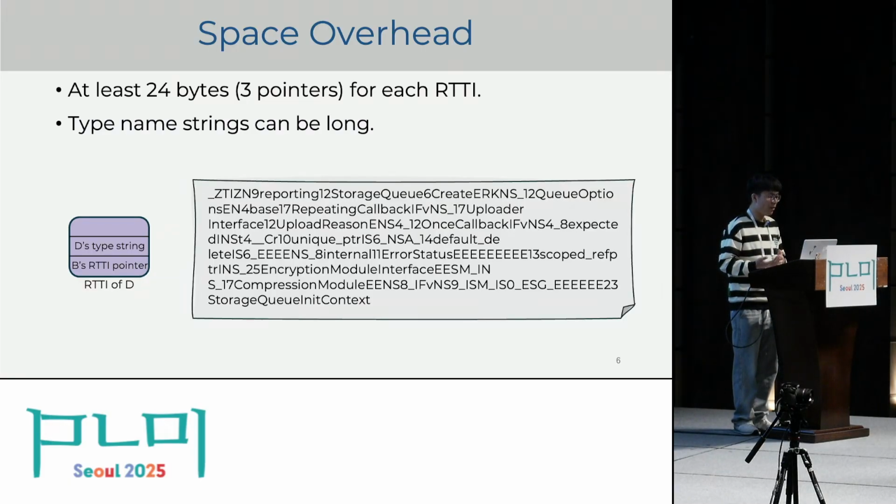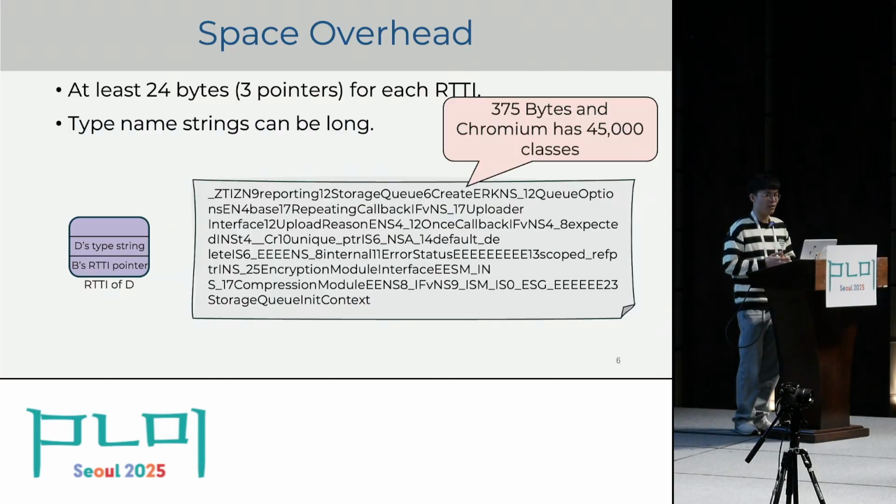This is an example pulled from the Chromium project. And the type name string itself is already 375 bytes. So now imagine that kind of overhead spread across 45,000 classes in Chromium. It adds up really fast. So now you can see why that folklore exists and why so many people hate them.